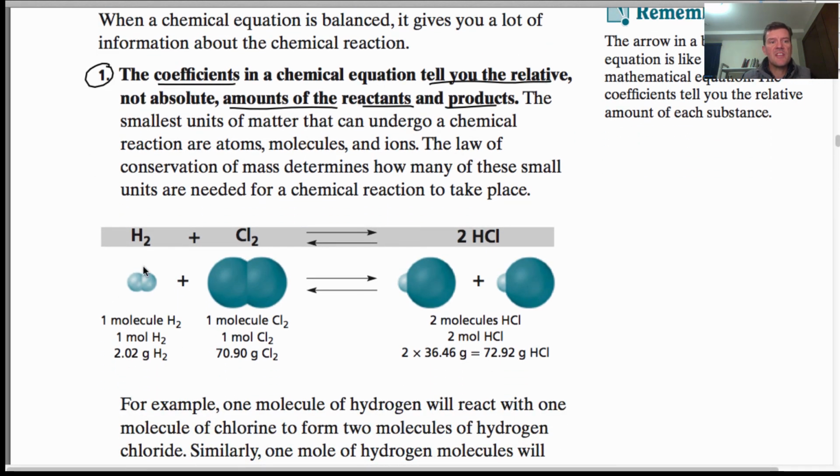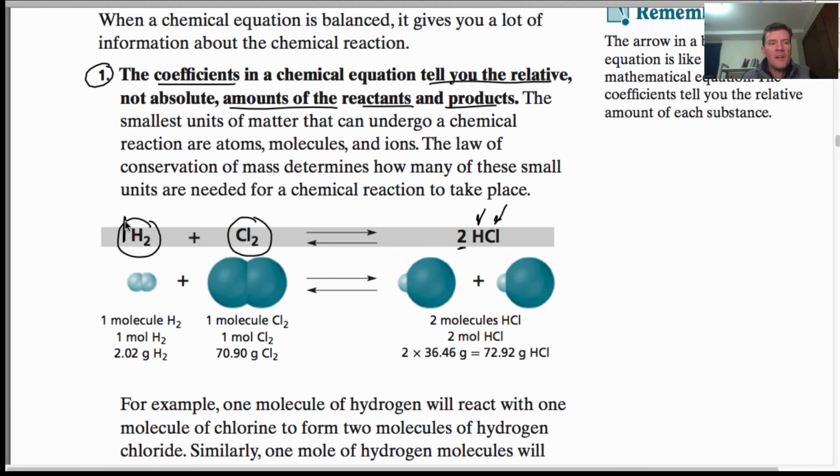So this is saying when you have hydrogen gas reacting with chlorine gas, it produces 2 molecules of hydrogen chloride. These coefficients are telling you the ratios in which they combine, or the relative amounts.